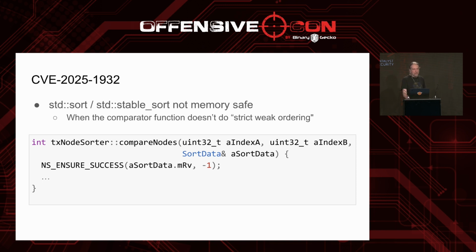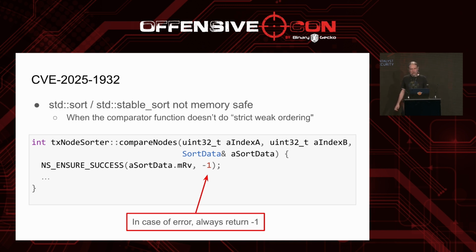And how this comparator function was not very consistent, you could already see on its first line, because what this first line essentially does is it says if any kind of error occurred anywhere in previous invocations of this comparator function, then the comparator function is always going to return -1 for whatever arguments. So of course, it's not behaving very consistently, and any kind of strict weak ordering just goes flying out of the window.